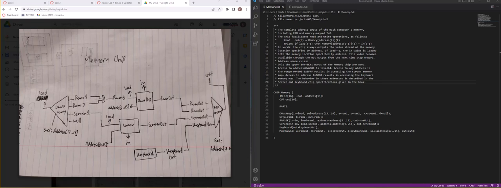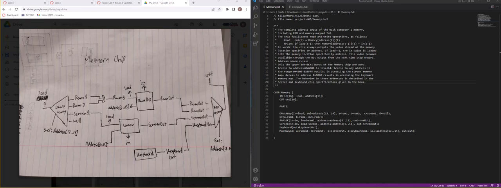So for the RAM, since there are two selections here, it would pass through an OR gate, and it would come out into the next load bit for the RAM 16K.